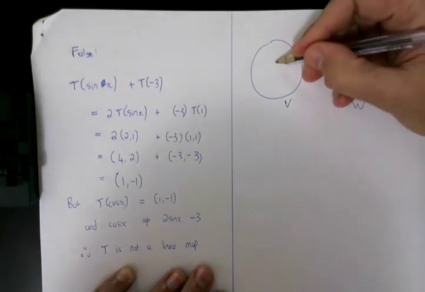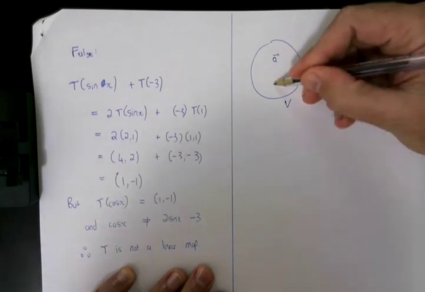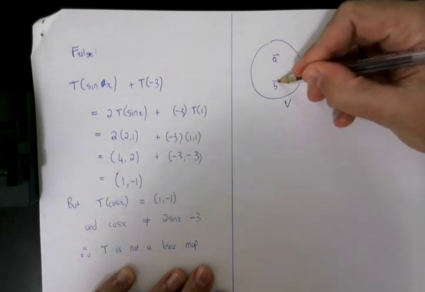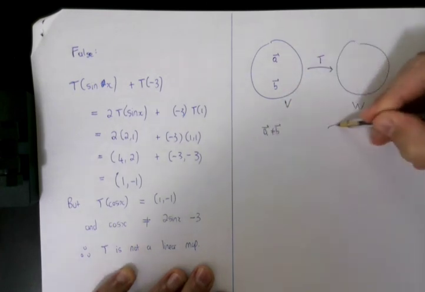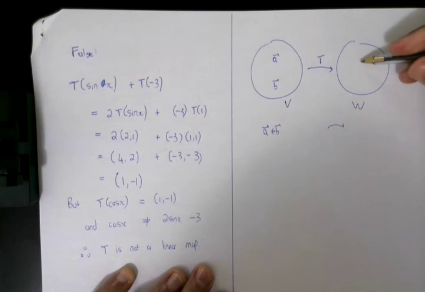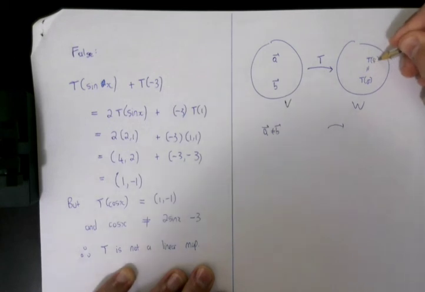And suppose that I take some vector A here, and I've got another vector B, which are not equal to each other. And suppose that when I map them over on this side, I get T of A being equal to T of B. That might happen, right?